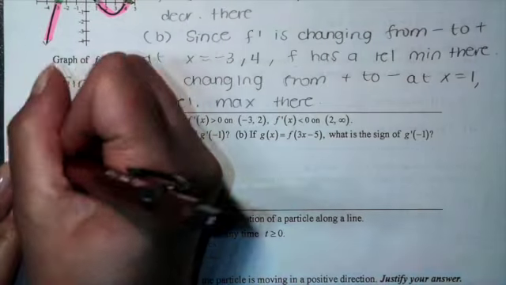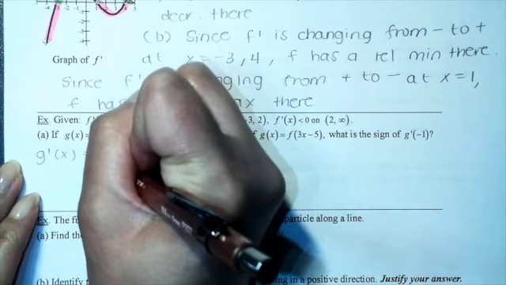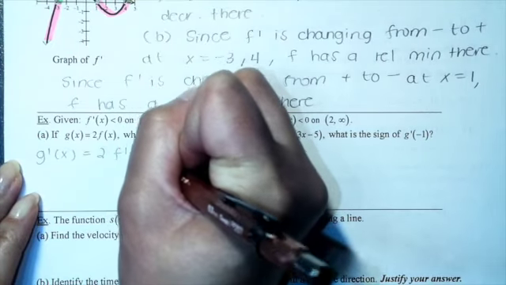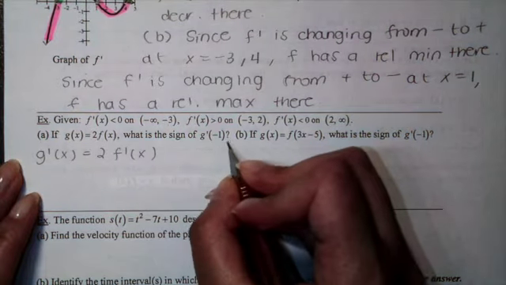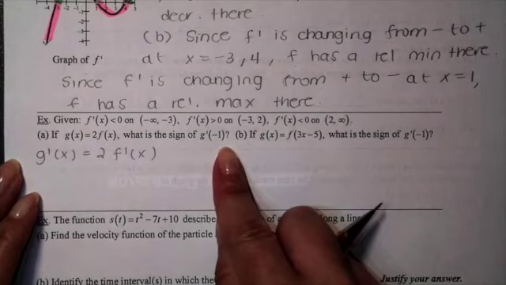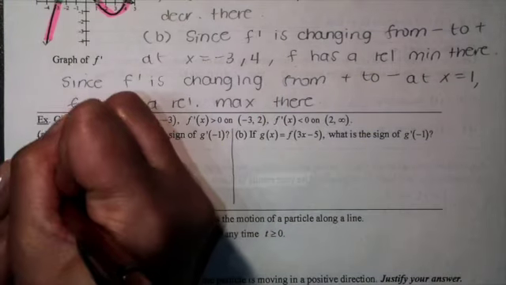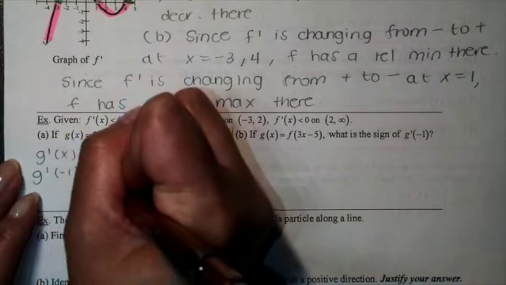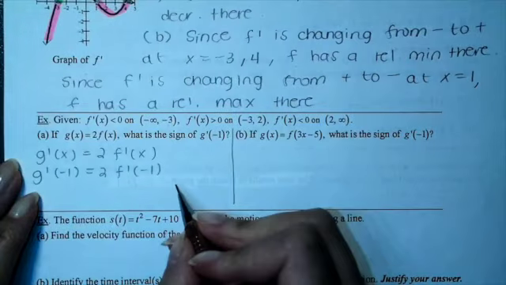So you have that g prime of x is going to be equal to 2 f prime of x. Do you agree with that? So let's split this: g prime of negative 1 is equal to 2 f prime of negative 1. Do you agree with that?